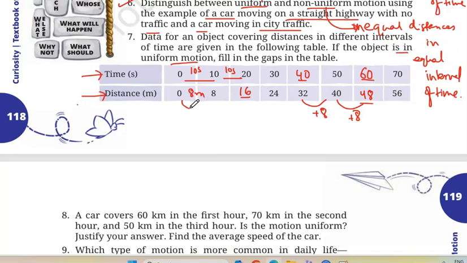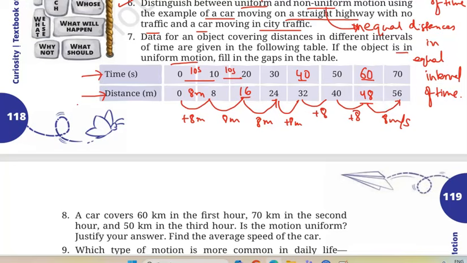So you see, every time for another 10 seconds, we are adding 8 meters to the distance. So remember, whenever there is equal distance in equal intervals of time, that is uniform motion. In equal intervals of time, there will be equal distances covered.